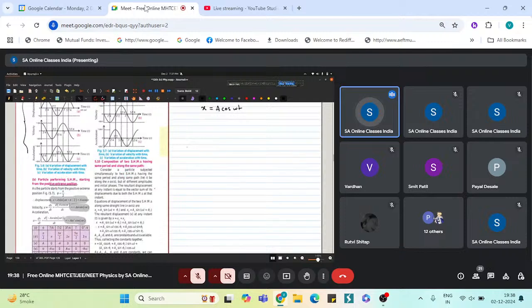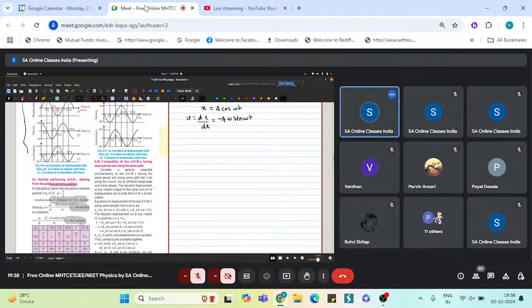And now there's a very easy way of calculating velocity and acceleration if you know the x. So you don't have to go all the way around like how we found velocity in the last class. You can just take derivatives, because we know that velocity is essentially the first time derivative of displacement. So that will just come out to be equal to minus A omega sin omega t.